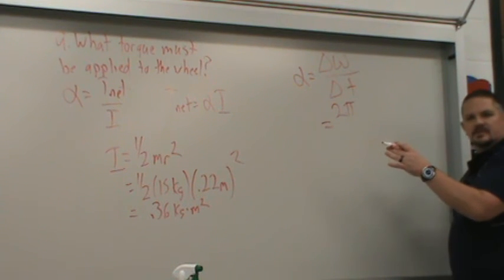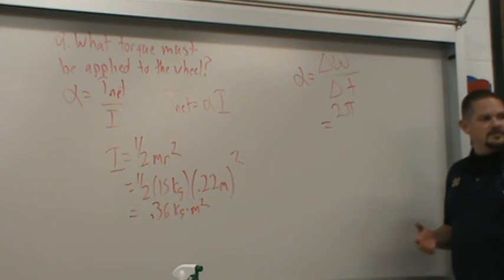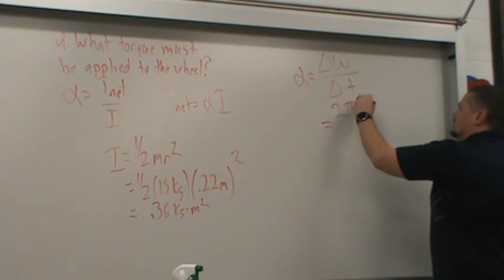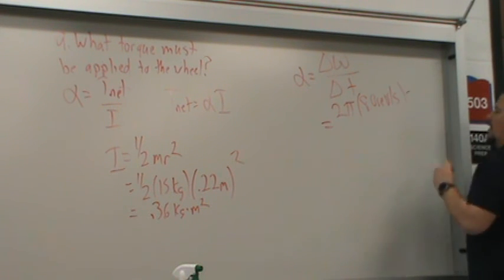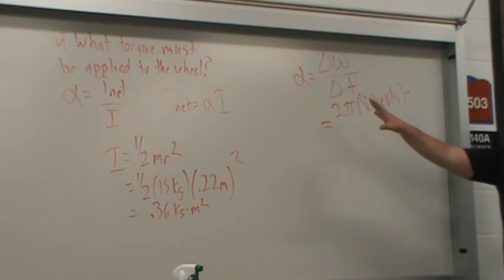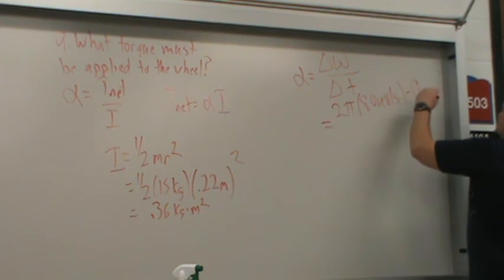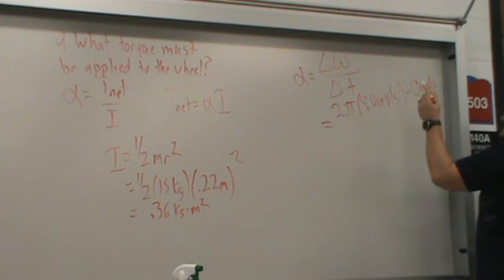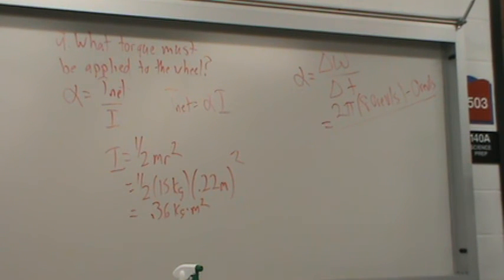Okay, so with angular velocity and angular acceleration, we want the units to be radians per second squared. So to get radians, we're going to take 2 pi times our 8 revolutions per second minus, it's starting from rest, so that would be 0, over, what's our change in time in this situation? 15 seconds, because that's the time that was given to us.